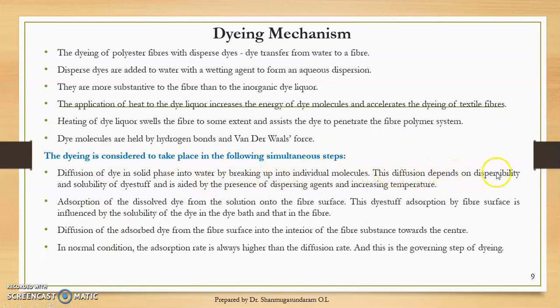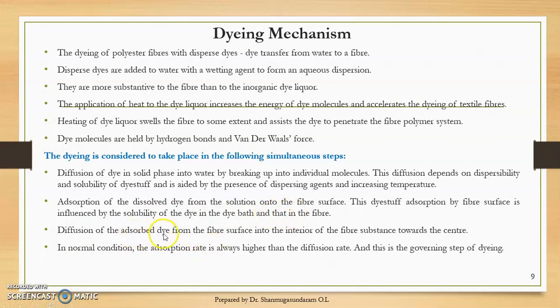This diffusion depends on the dispersibility and solubility of the dyestuff and is aided by the presence of dispersing agent and increasing temperature. The second one is adsorption of the dissolved dye from the solution onto the fiber surface. This dyestuff adsorption by the fiber surface is influenced by the solubility of the dye in the dye bath than that in the fiber.